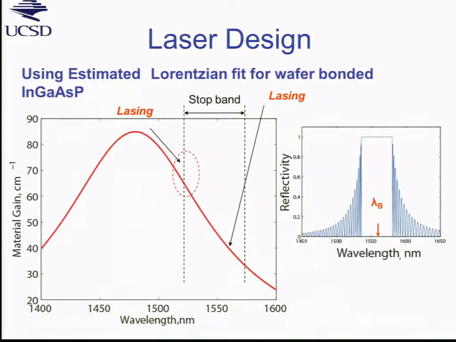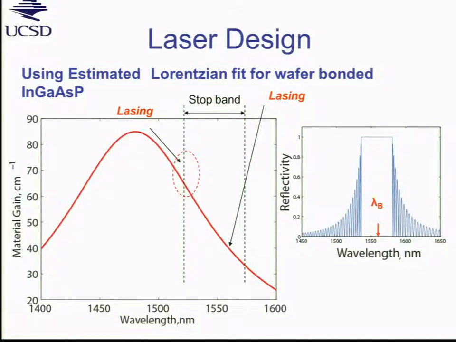And for design, I'll just refresh your memory. So the lasing will occur in this gain profile. And with a DFB laser, we basically create a Bragg grating. And the lasing will not occur within the stop band. It will occur in one of the side lobes outside the stop band.